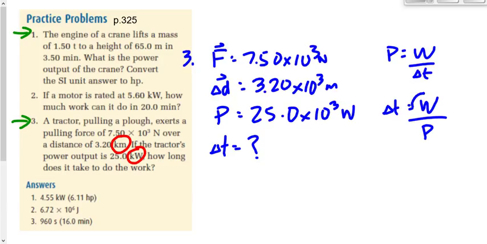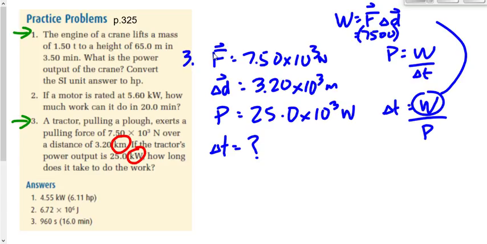How am I going to find work? This is a pretty straightforward one, actually, to find work. How are we going to find work here? Yeah, assuming the force and displacement are in the same direction, which they have to be here, otherwise they'd have to say something, then we would just say F times D. If there was an angle, then we'd say F times D times cosine theta. My force is 7,500.